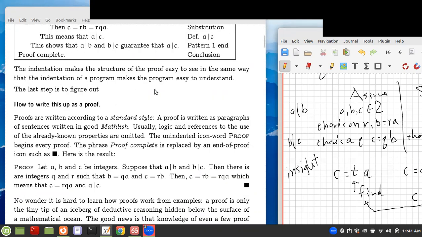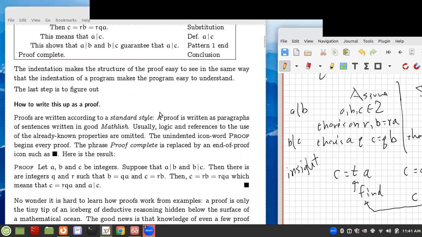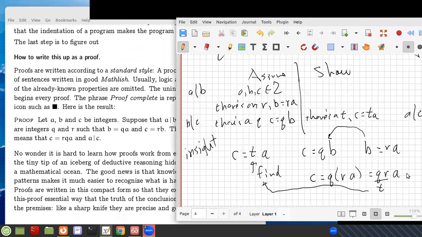This outlines all this logical stuff. But when you write up a proof in Mathlish, so to speak, it omits all this. So it's just the tip of an iceberg that gets to the heart of the matter. The heart of the matter is this thing here.